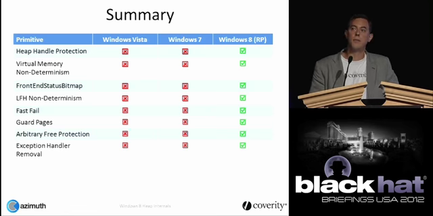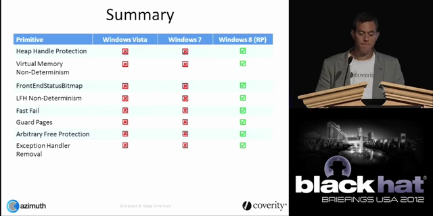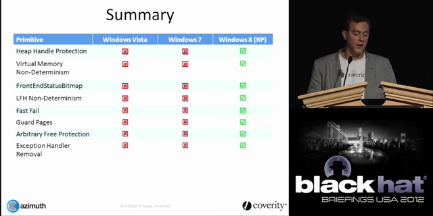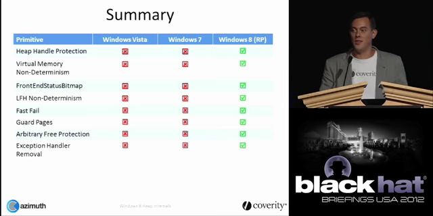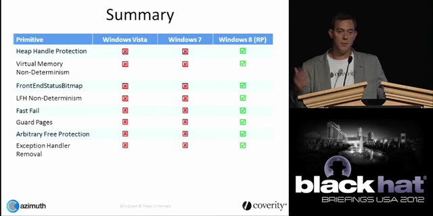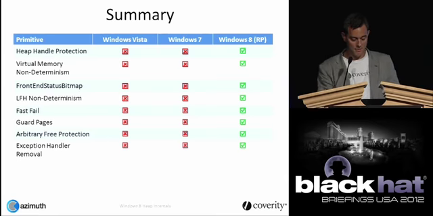They've added ways for programmers to immediately terminate a process upon linked list corruption, and added things like guard pages and avoiding arbitrary free. And lastly, even things that weren't real in my mind, I just theorized that you could use this try-catch thing a couple years ago, and it was removed as well. So this shows that Microsoft really took the time and effort to go through and look at what has been published and react in a good way by fixing it, instead of yelling at me and Tarjei.